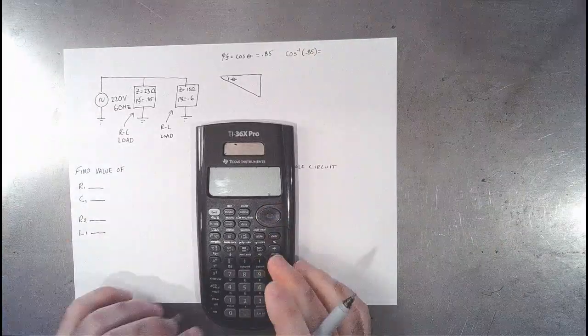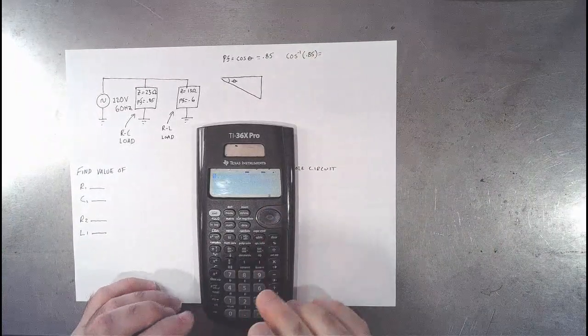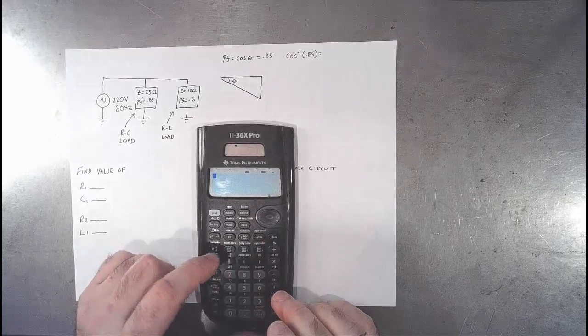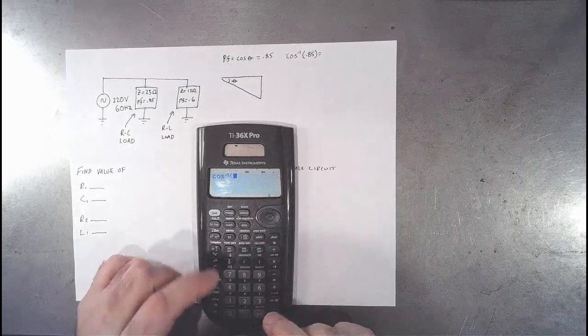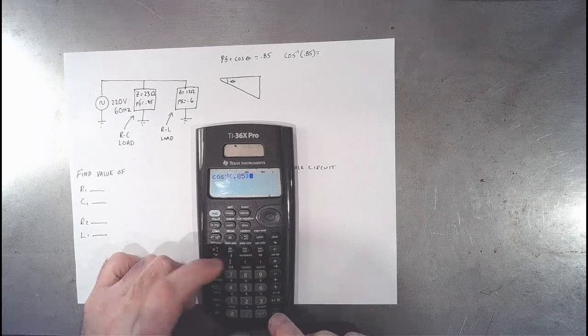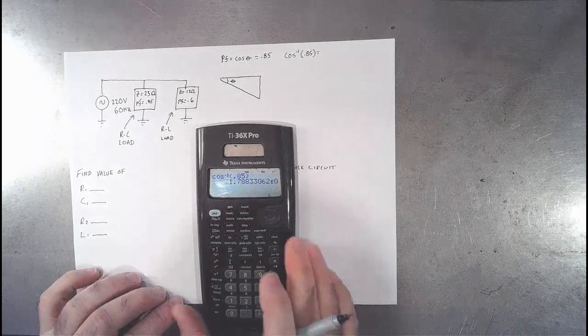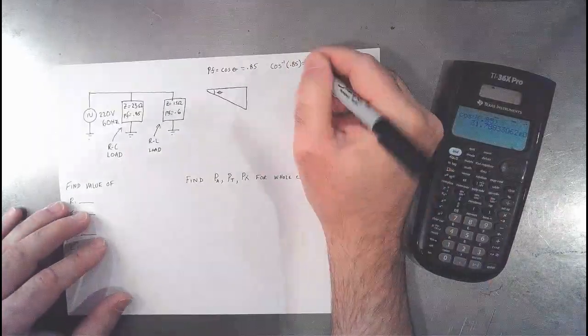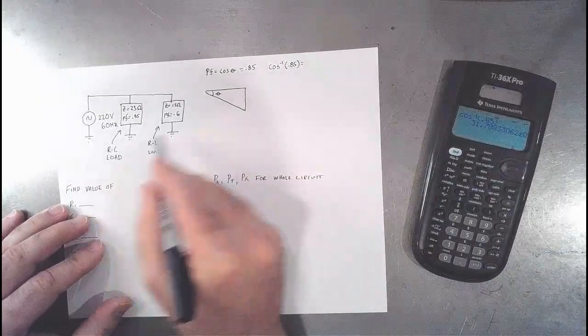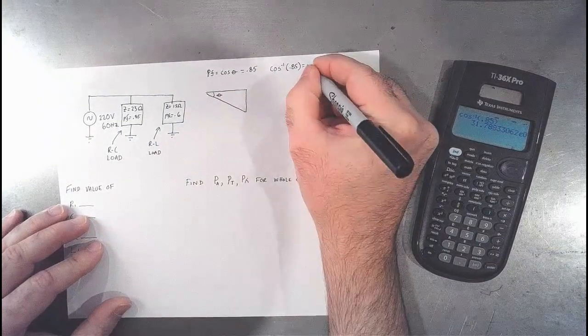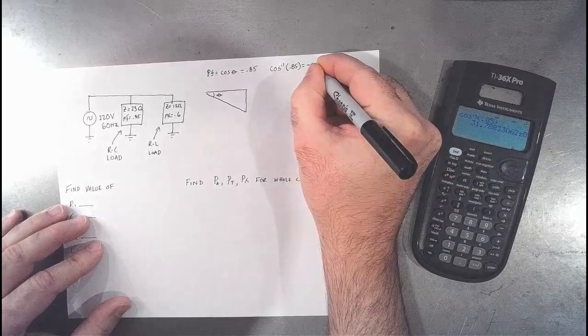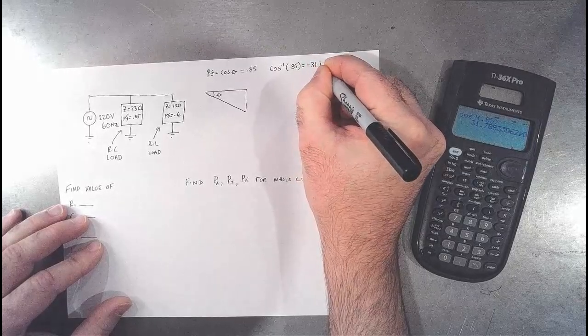Well, let's see here. 31.78. Okay, so this is an RC circuit, so that's going to be a negative. So it's negative 31.78.